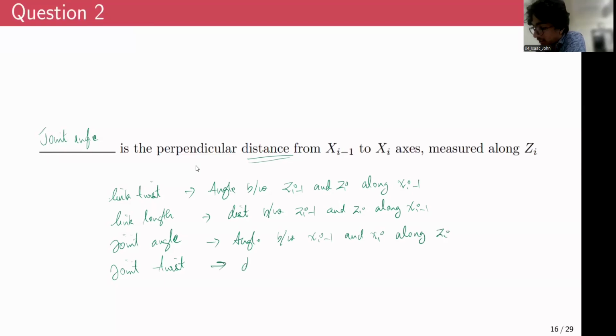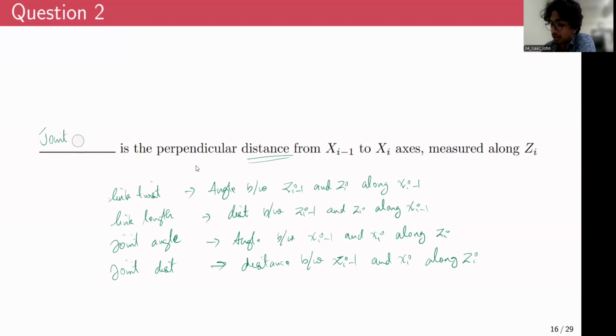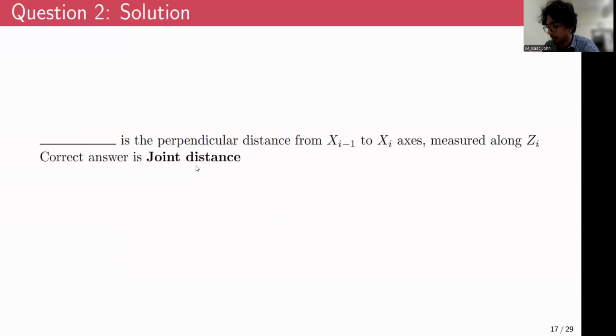And joint distance is the distance between xi minus 1 and xi along zi. So in that regard, I hope we can all agree that the correct answer is joint distance. If there are any doubts or further clarifications required, please let me know.